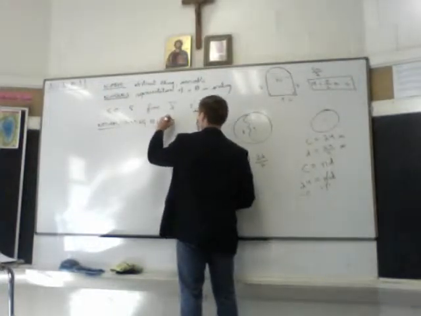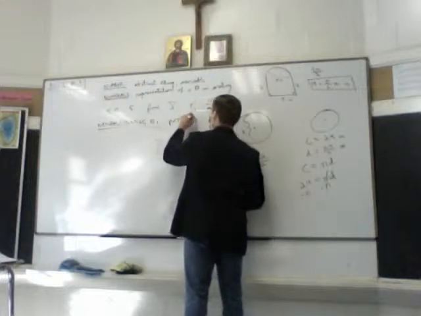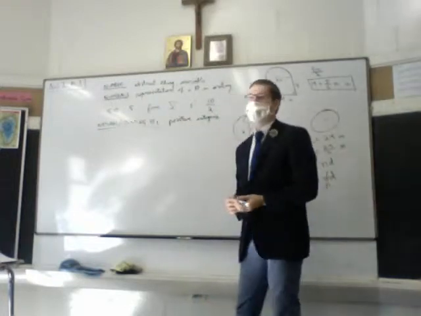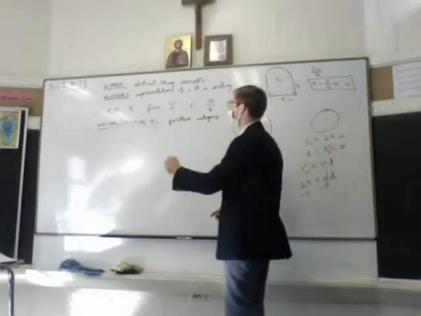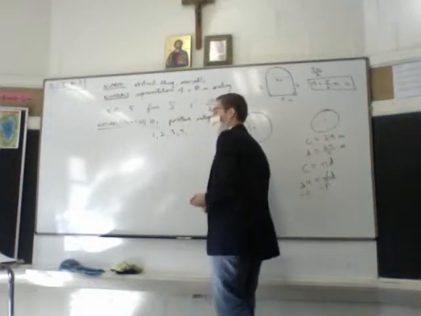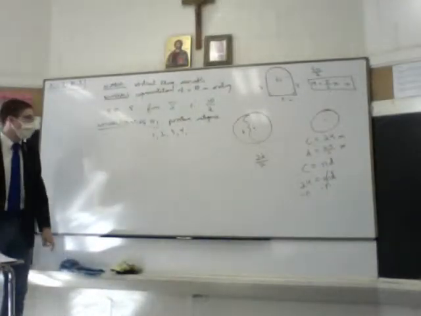So they're all positive integers. Integers are whole numbers. So 1, 2, 3, 4, and so on. If it's a number of things you can see, it's a natural number or a counting number.